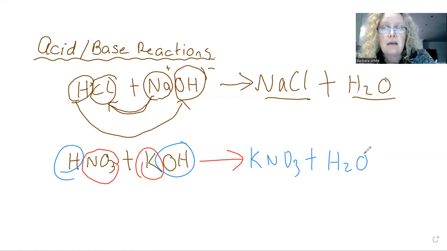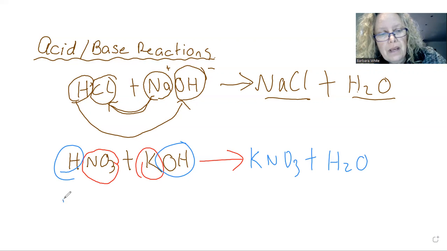So the idea is easy enough. The hard bit is when you've got to write a more complicated salt or balance an equation. So I'll find one of those. Yep, got one. Let's do that.